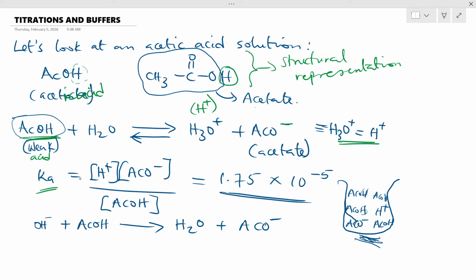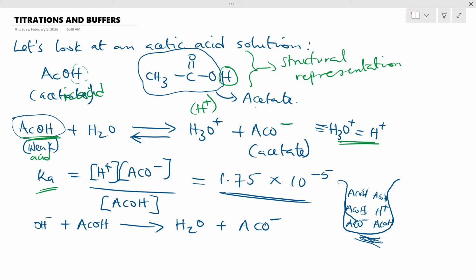Then we have the Ka constant, which is the concentration of your product over the concentration of your reactant. In this case, you have H plus concentration, ACO minus concentration, over what? Your reactant, which is your acetic acid. And we say this has what?